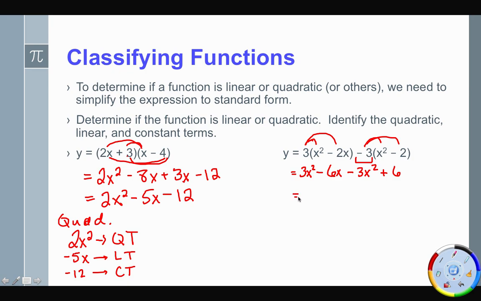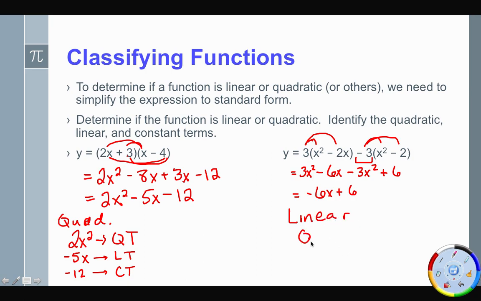Simplified to standard form, I get 3x squared minus 3x squared, which is 0. And then I'm left with minus 6x plus 6. So we notice that there is no quadratic term, and because it's just negative 6x plus 6, this is linear.